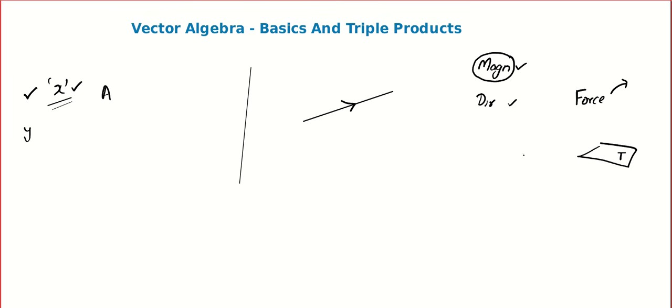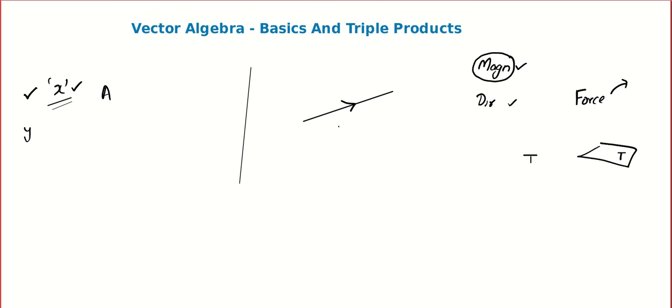Now just imagine you're opening a tap or a bottle cap, or let's say you started an engine, so the pistons will start moving and it will create rotational force. So basically everywhere we are able to see that we are dealing with two things, magnitude and direction.